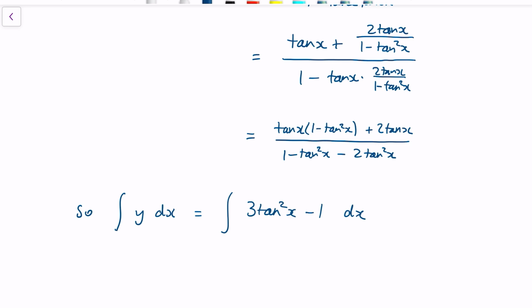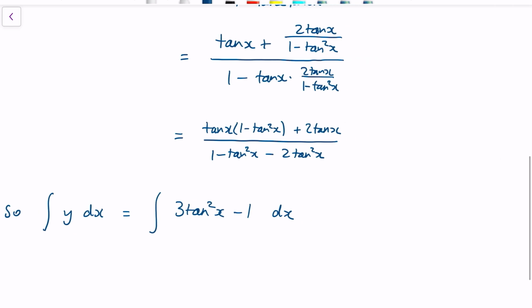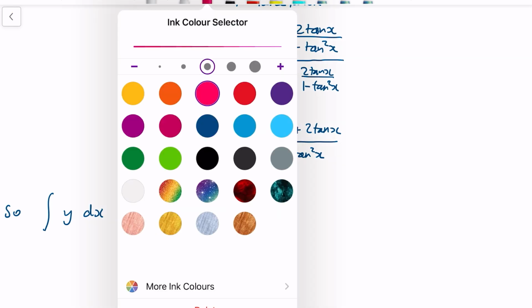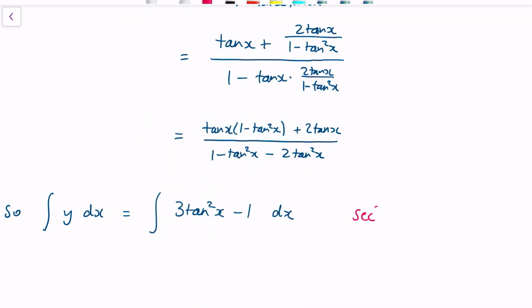It's not tan cubed over 3. It's not on the formula sheet, but there is an identity that's closely related, and that's sec squared minus tan squared equals 1. And the reason I use this one, if I just rearrange it, tan squared x is equal to sec squared minus 1.